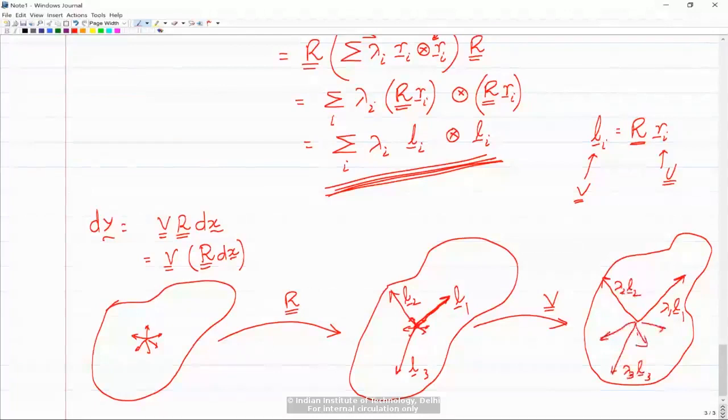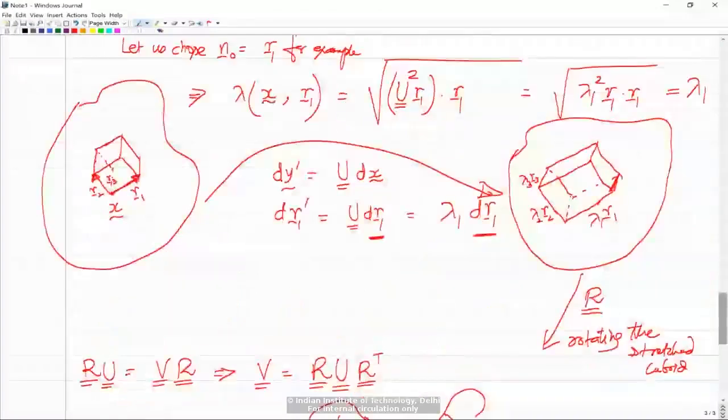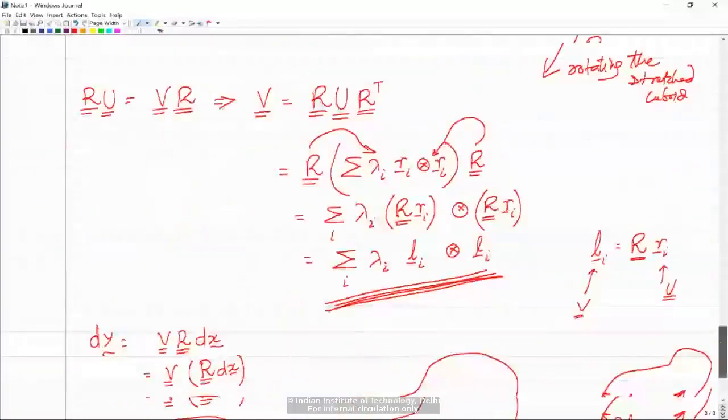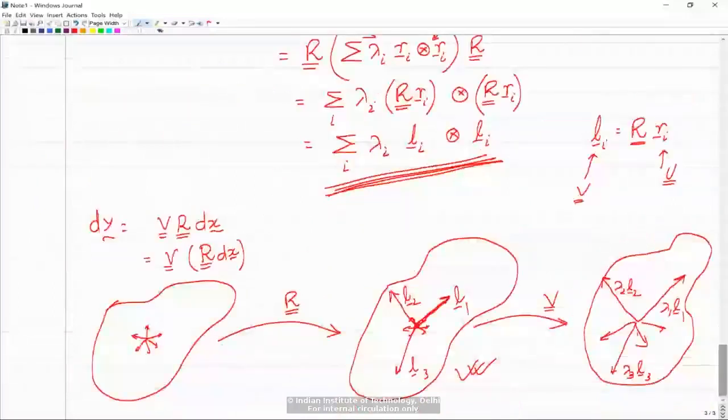What you see is that these Li are sitting in the intermediate configuration, whereas the small ri were sitting in the reference configuration. I hope it is clear to everyone.